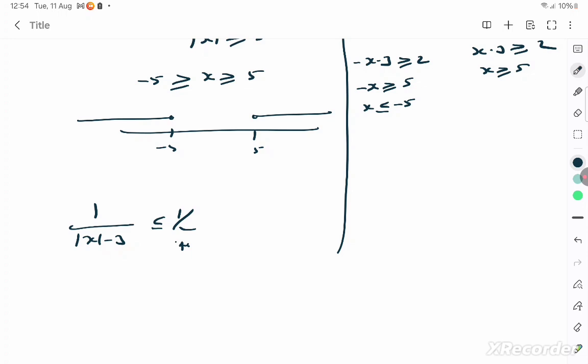Negative answers possible means the denominator has to be greater than the numerator, so that the answer will be fractions. Correct?